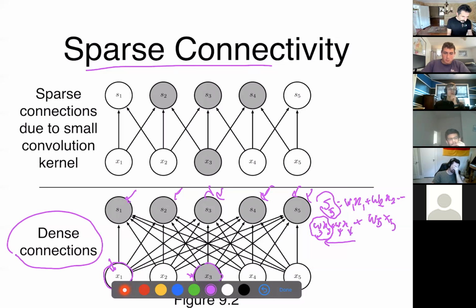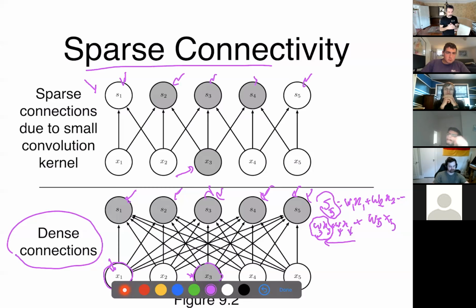But with a sparse connection, this is slightly different, and this is important to think about. This little guy affects X2, X3, X4, but not S5 and S1. So it has a local connection to a limited number of units in the next layer.